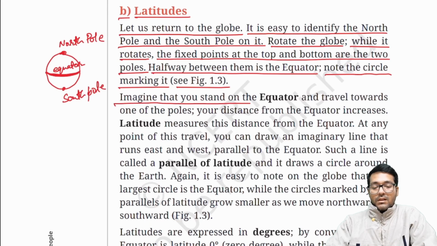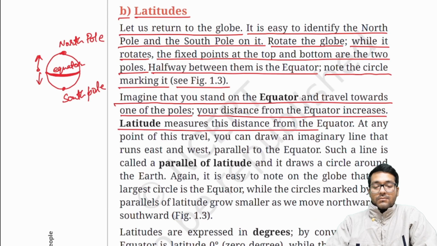Imagine that you stand on the equator and travel towards one of the two poles. If you move toward the poles on either side, your distance from the equator increases. Latitude measures the distance from the equator. At any point of this travel, you can draw an imaginary line that runs east and west parallel to the equator.